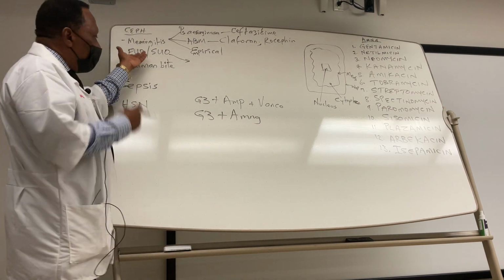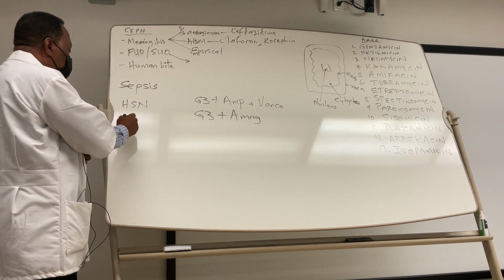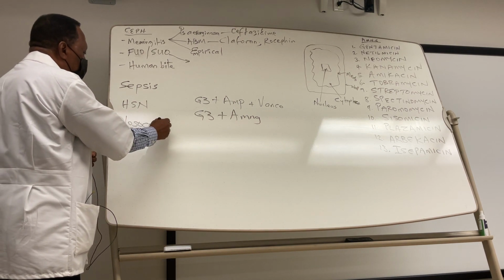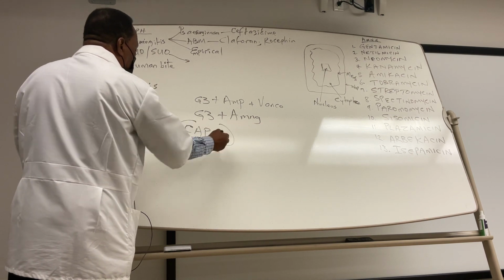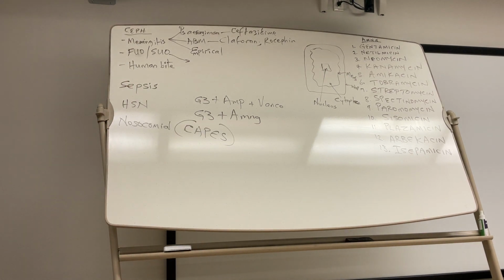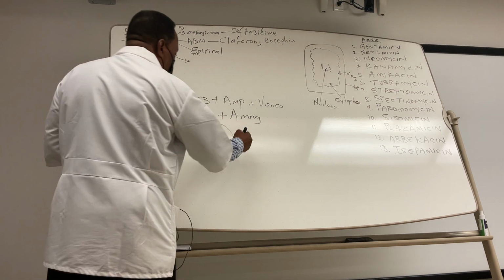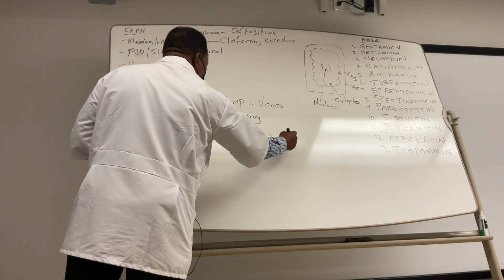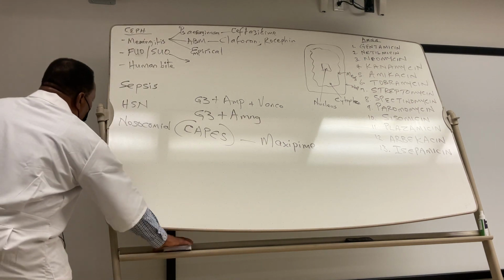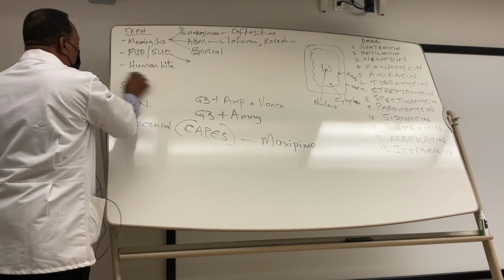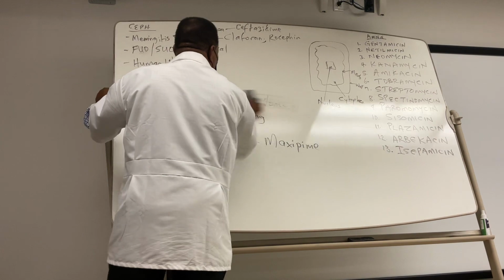If it's not FUO or SUO, if it's just nosocomial infection, those are usually caused by CAPES organisms. Then, of course, you use Maxipime, cefepime. And the last one we want to touch on there will be your human bite.